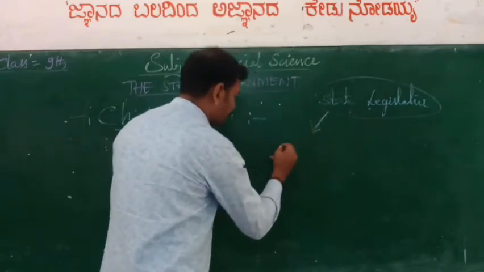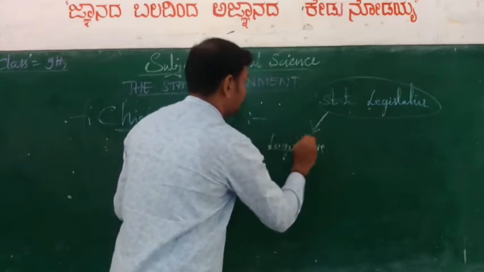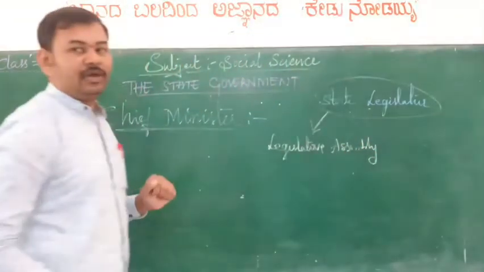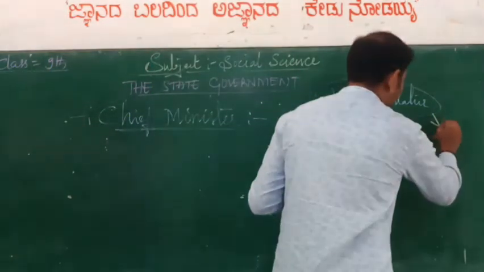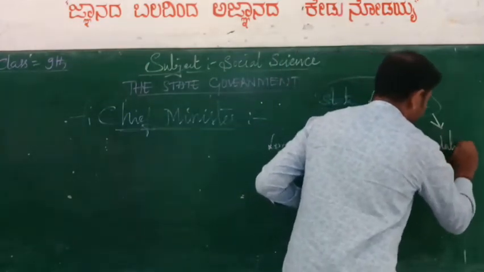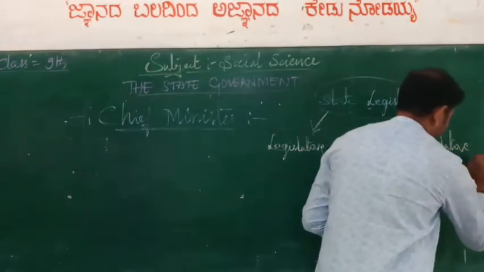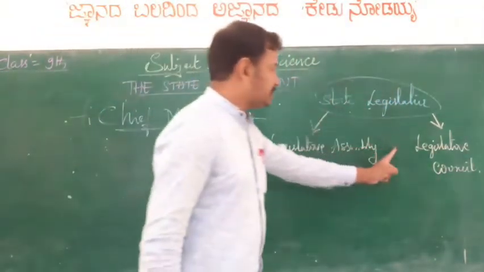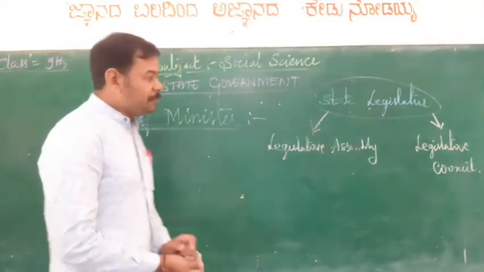One is the Legislative Assembly, which is also called the Vidhana Sabha. Got it? And the other house in the state is the Legislative Council, which is also called the Vidhana Parishad. These are the two houses that exist in the state legislature of Karnataka.